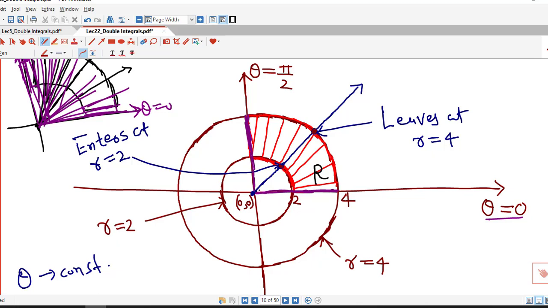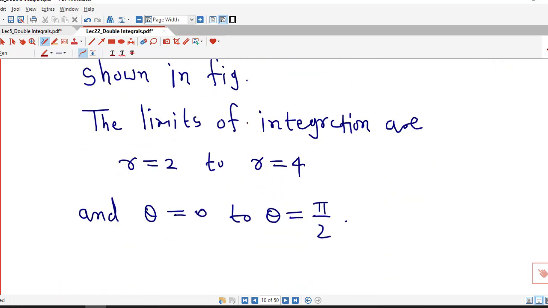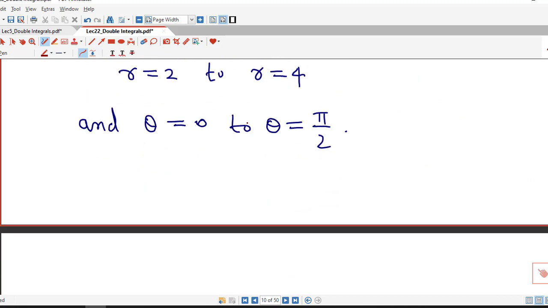And to determine the limits of theta, we find the smallest possible value of theta and the largest possible value of theta which bound the region R. So here we have obtained the limits of integration for r and theta, so we are able to find the value of the double integral.